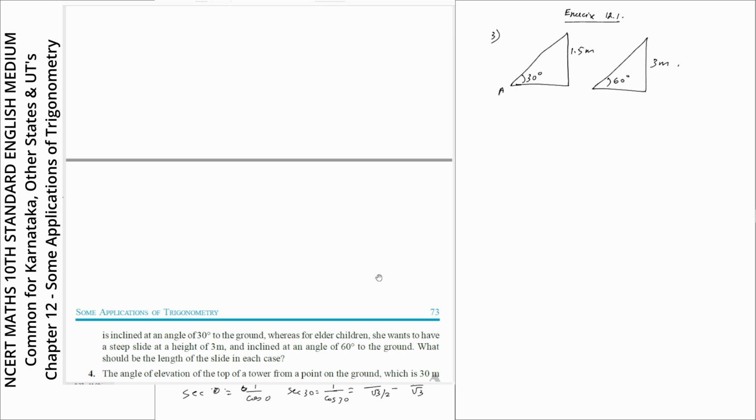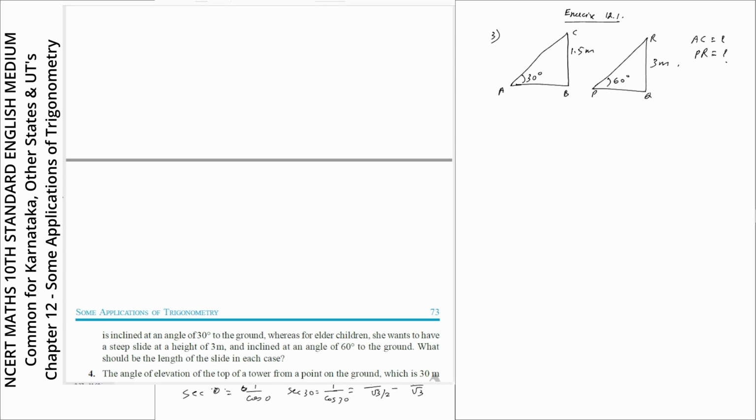So I'll mark this A, B, C, P, Q, R. Now what is the length of the slide is the question. That is, we should find the length of AC and the length of PR.